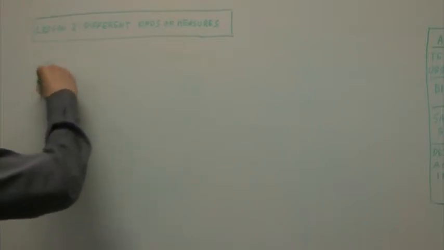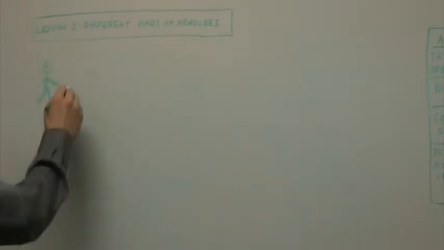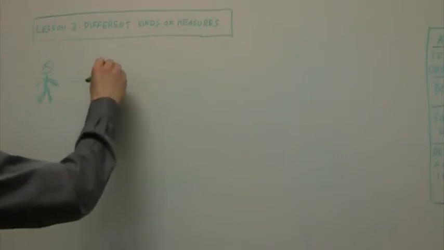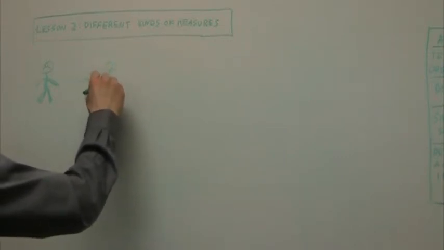So let's try a practical example of this. This is stick figure Joe. And the thing about Joe is he's a bit overweight for a stick figure. And he wants to become a bit more like this.